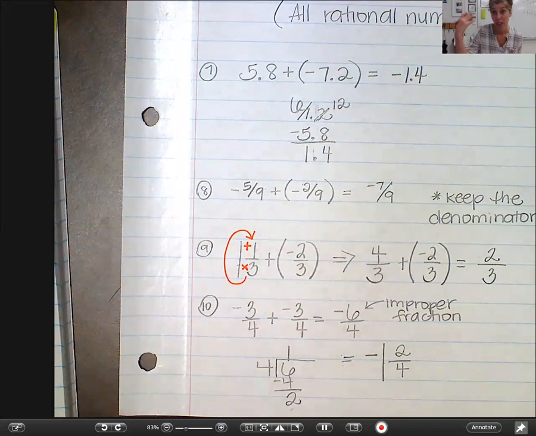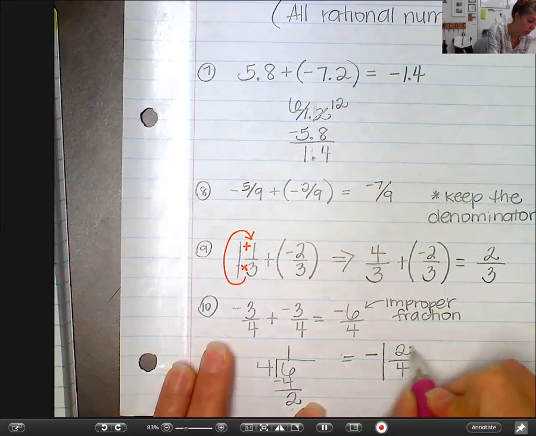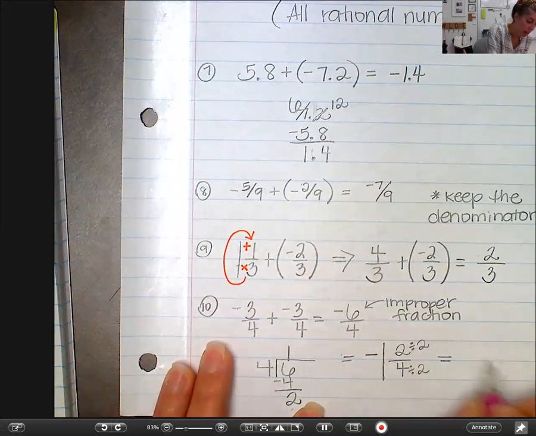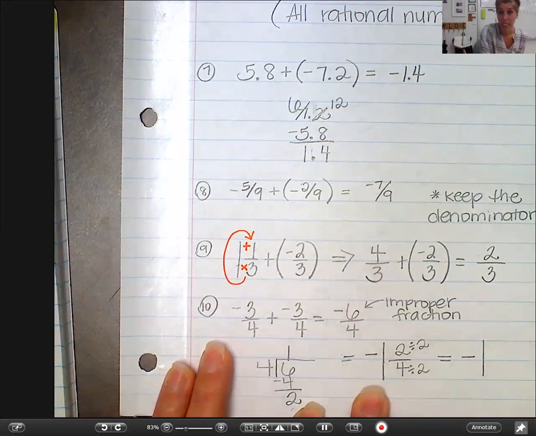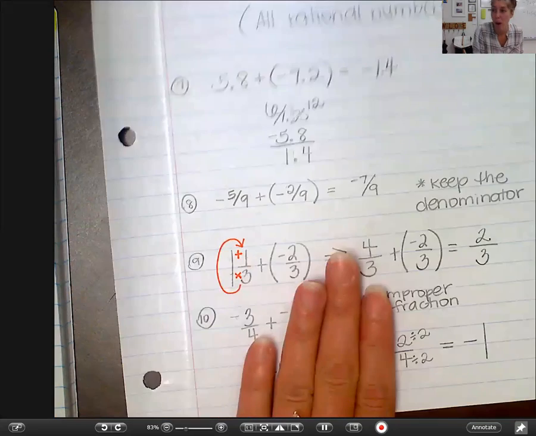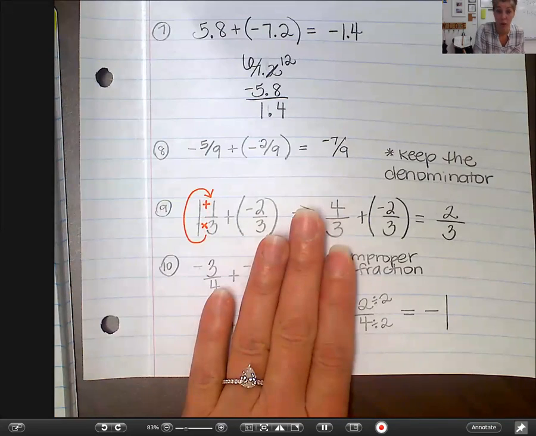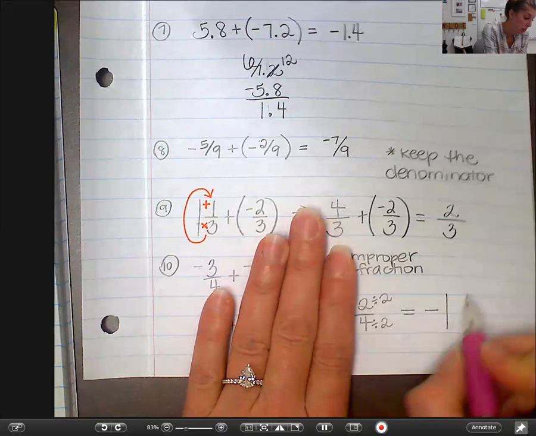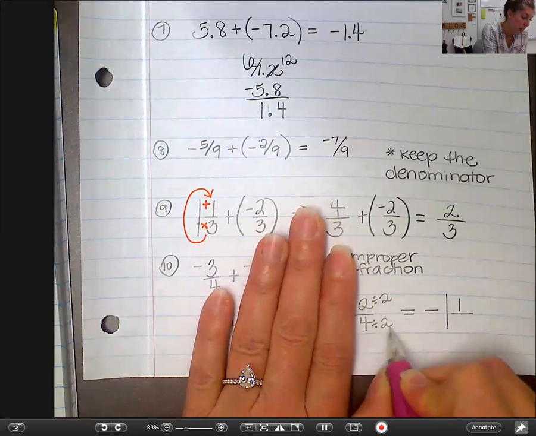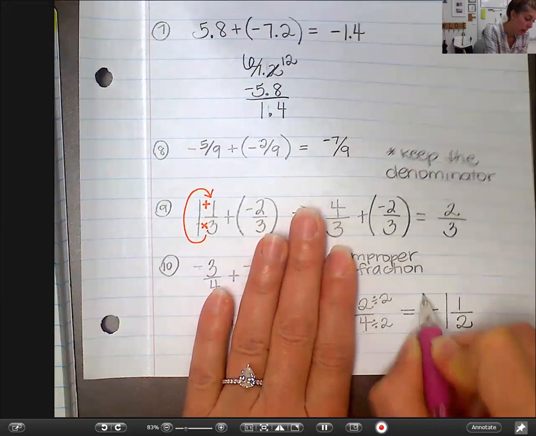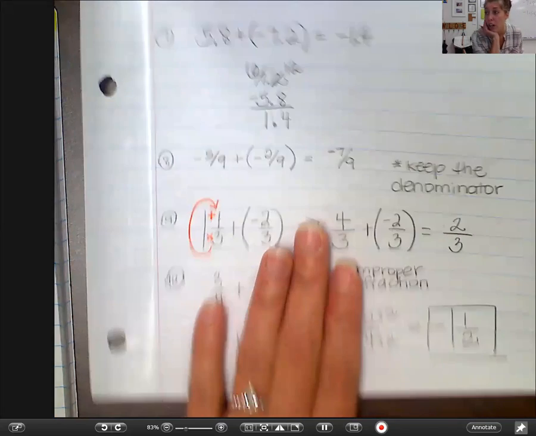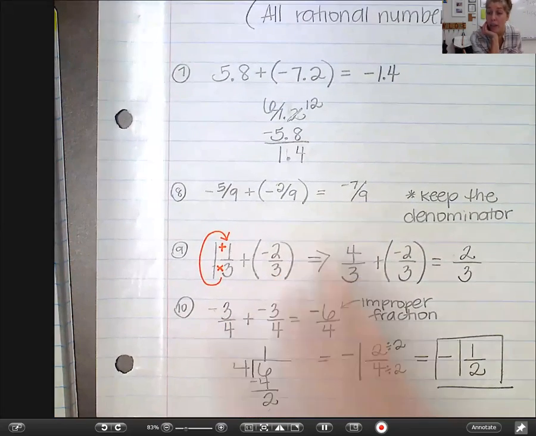There is a number that fits into both 2 and 4, and that's 2. So I'm going to divide by 2. The negative 1 stays. I did nothing to it. The only thing I'm messing with is the 2 fourths. 2 divided by 2 is 1. 4 divided by 2 is 2. And there is my final answer of negative 1 and 1/2.